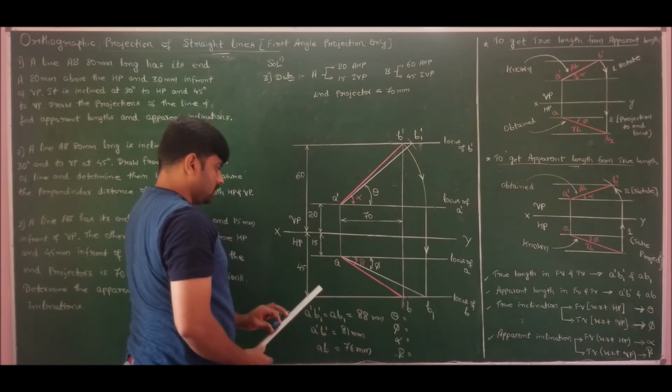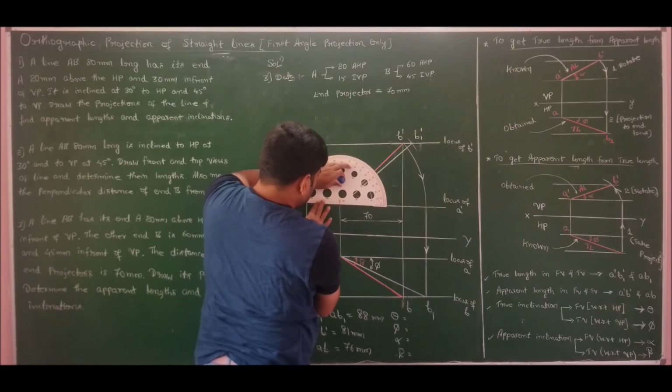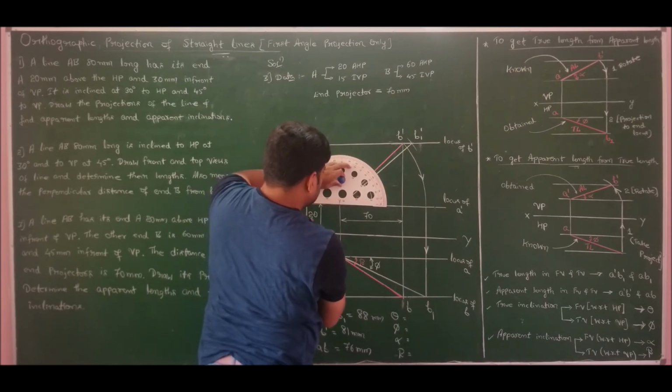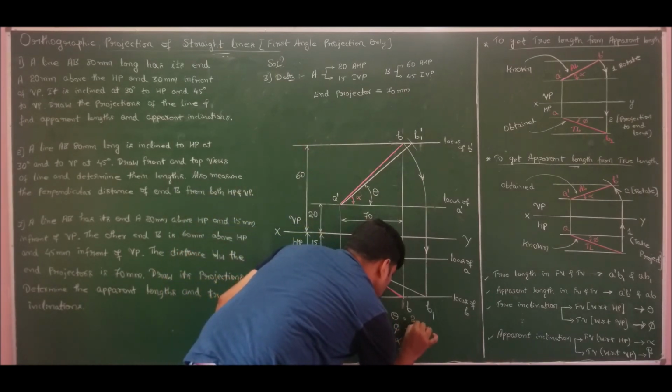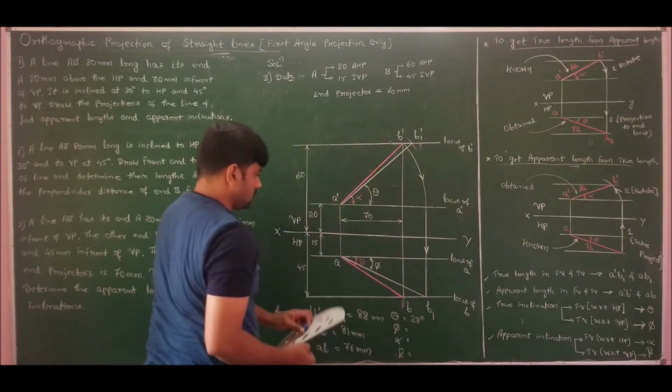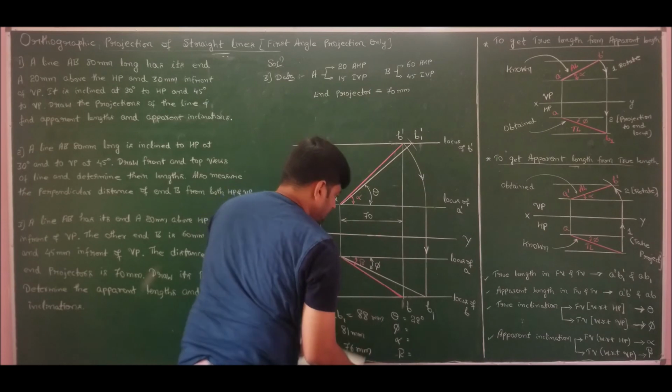Now coming for theta and phi. Theta is 28 degrees. Phi is 20 degrees.